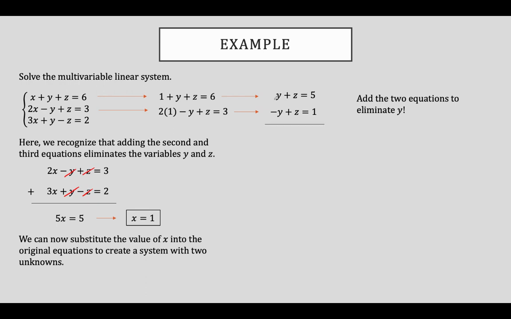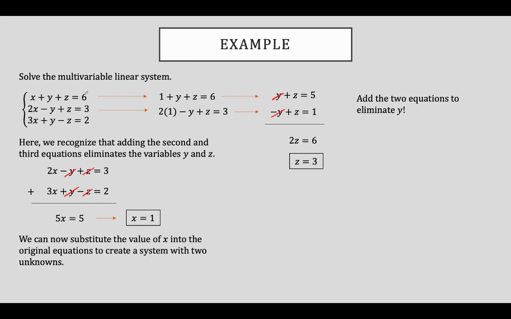Let's add them. y plus a negative y, that gives us 0. z plus z gives us 2z is equal to 6, meaning that z is equal to 3. And once you have solved for two of the variables, we can back substitute into any of these original equations to solve for our third variable, y.